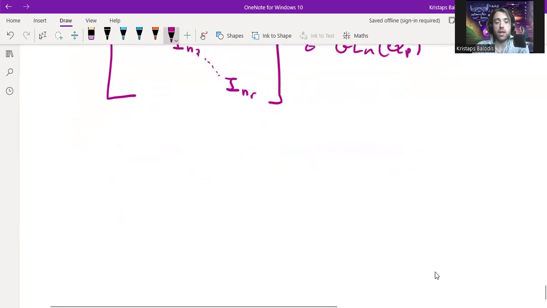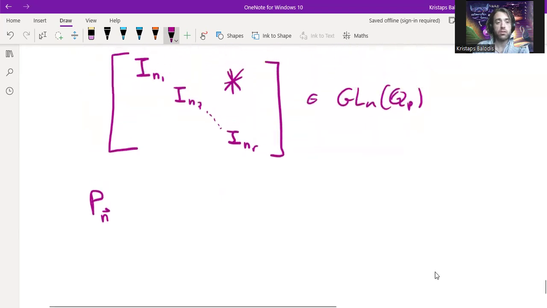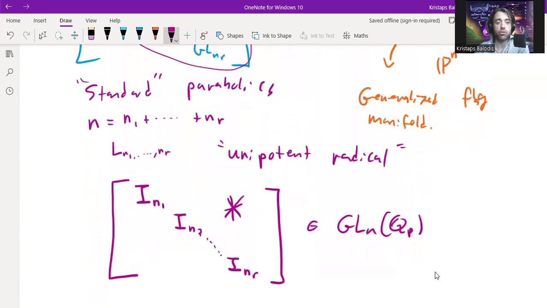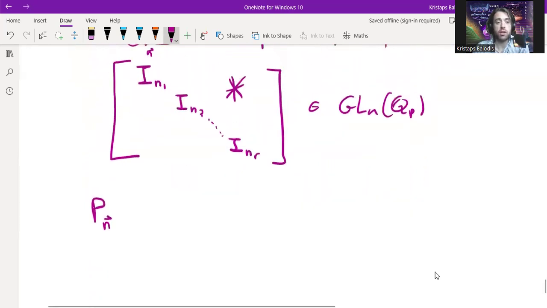And then the parabolic subgroup attached to, maybe I'll call it n in vector notation for short. So I'll write that as a shorthand for n1 up to nr. I should define this: U_n-vector is the group of all such matrices of this form.